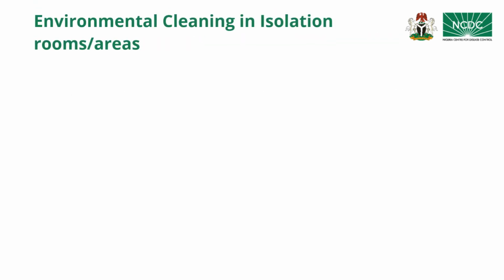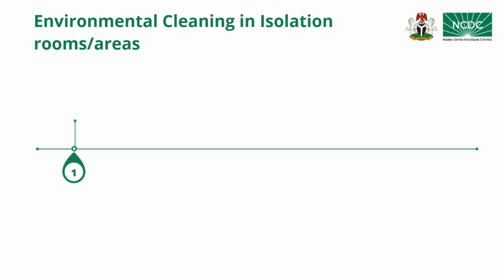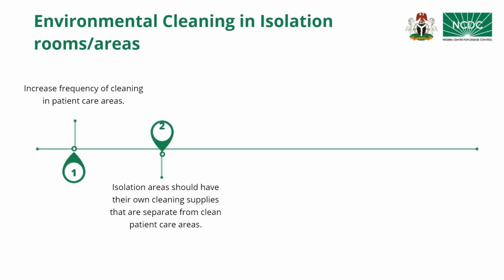The following rules should be applied for appropriate environmental cleaning in the isolation rooms or areas. The frequency of cleaning in patient care areas should be increased. Isolation areas should have their own cleaning supplies that are separate from the clean patient care areas.